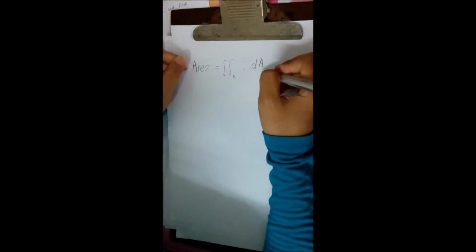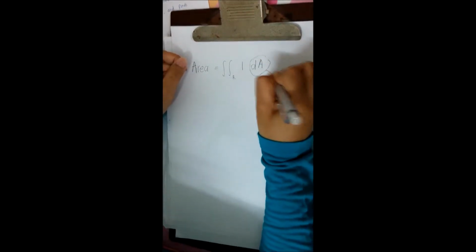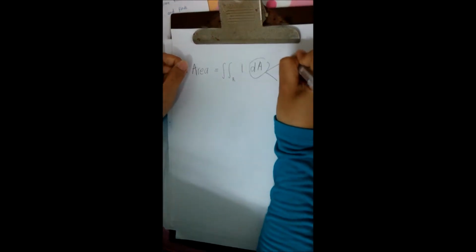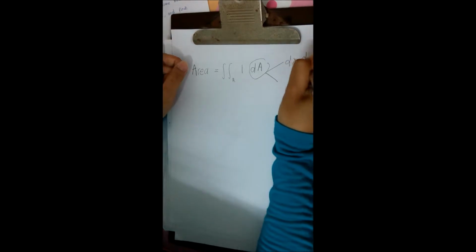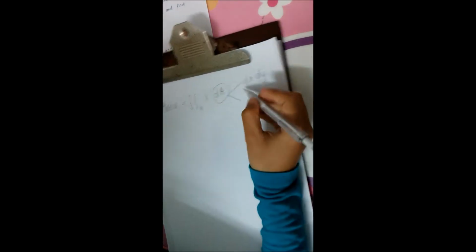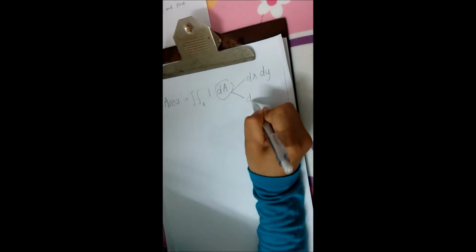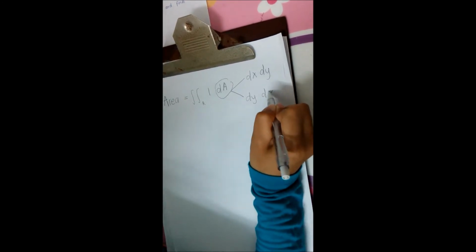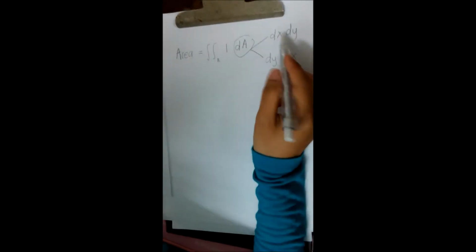So for us, dA can be either dy dx or dx dy. It actually depends on how we draw.